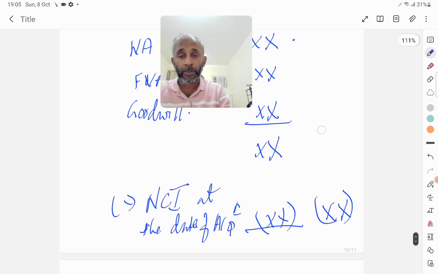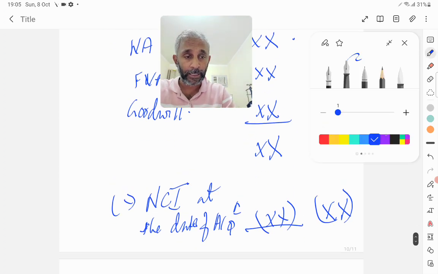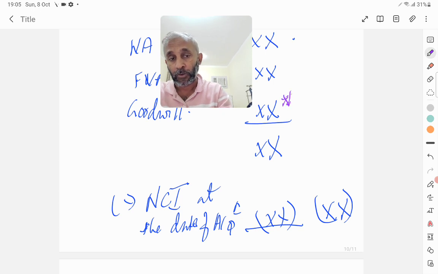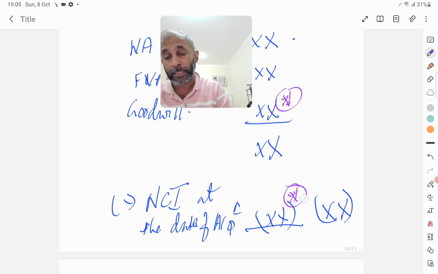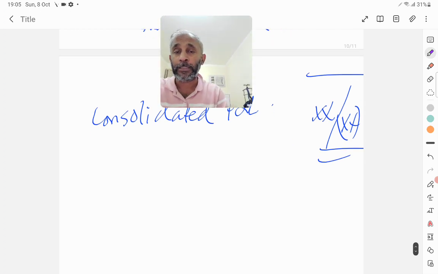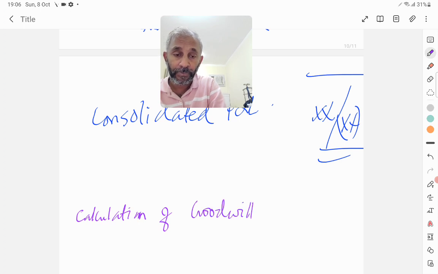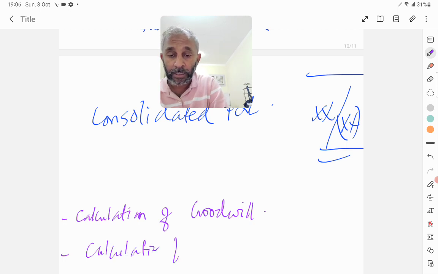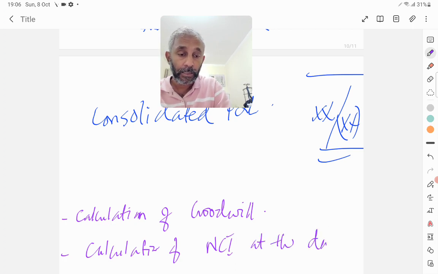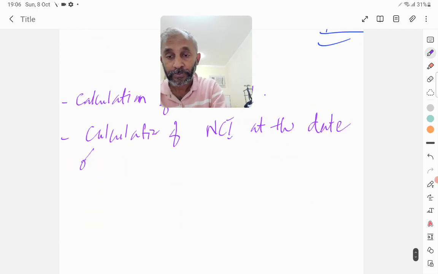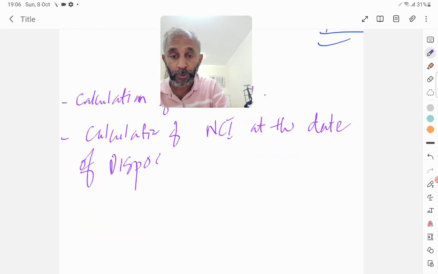Now, one important point to understand here is the goodwill and the NCI. Students are advised to know how to calculate goodwill and also the calculation of NCI at the date of disposal.